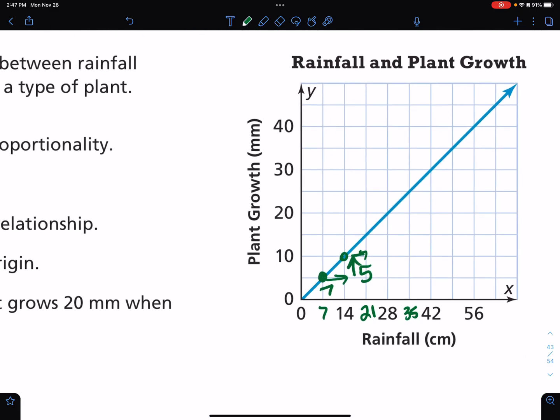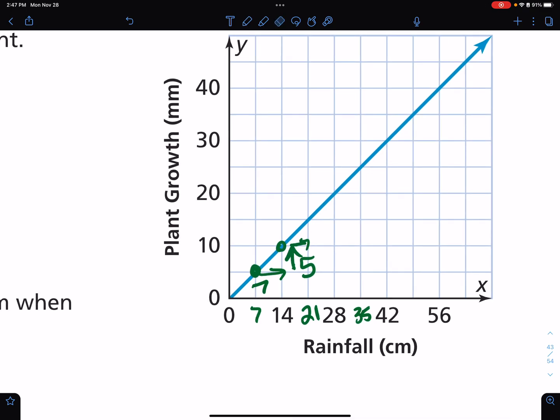I'm going to try to zoom in so I want you guys to see what I'm trying to do here. Remember, these are counting by 7s. So this point right here is (7, 5), because these are counting by 5s.